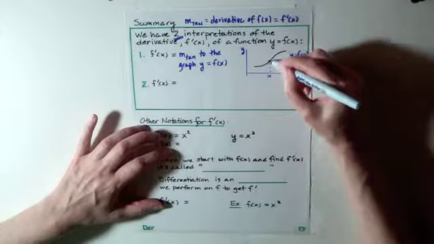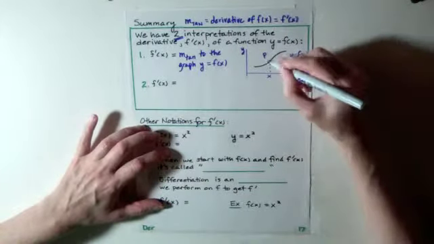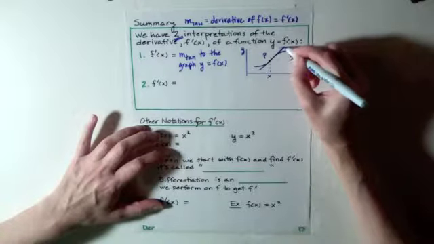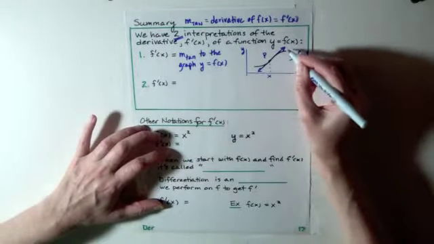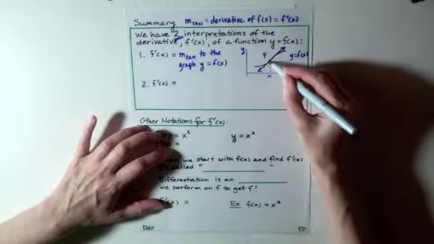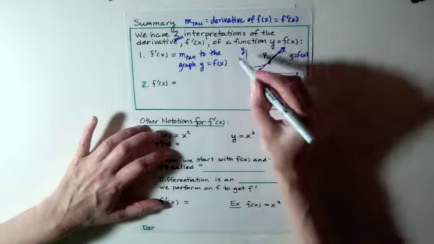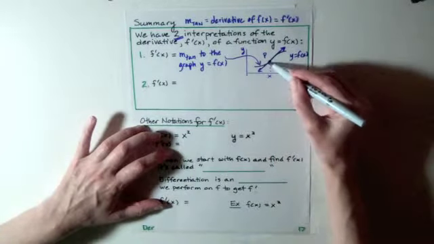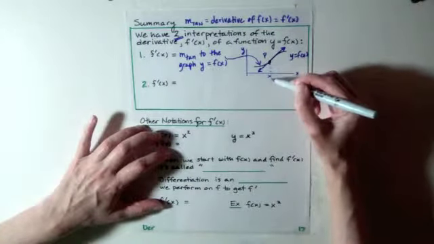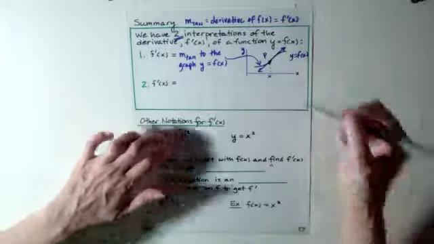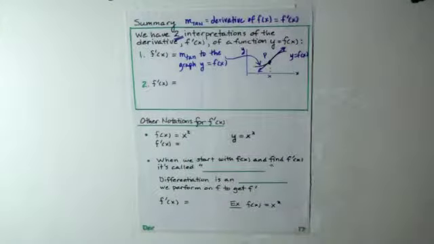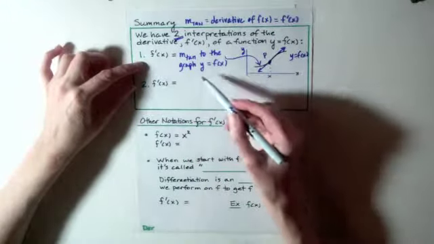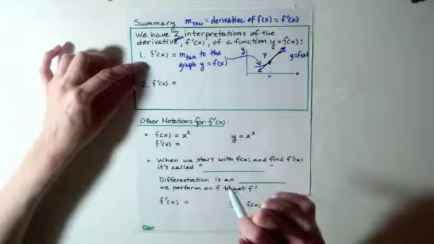So if this is my x value and here's my point P corresponding to that x value, well, there's some tangent line through the black curve y equal f of x at that point, and whatever the slope of that tangent line is, that's the derivative of my function at that particular x value. So interpretation one is a geometric interpretation. The derivative is the slope of the tangent line to the graph of y equal f of x.